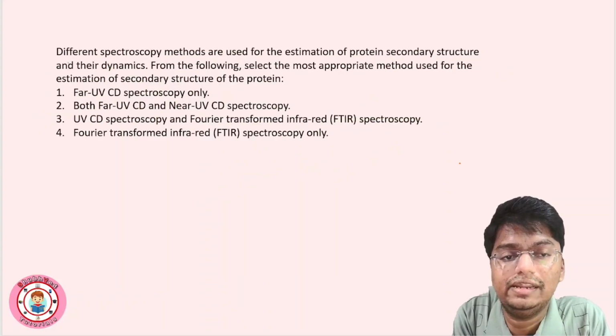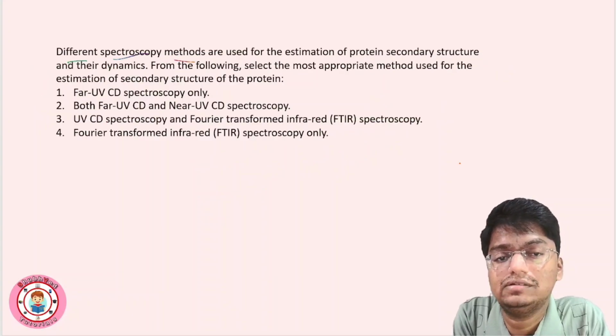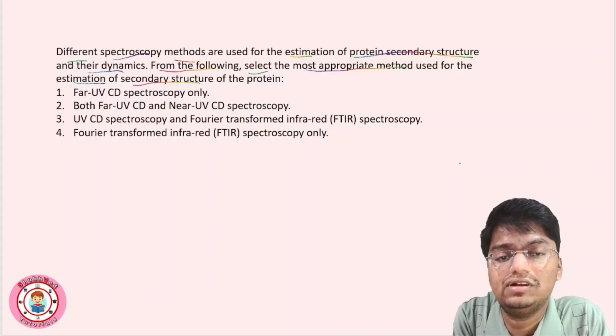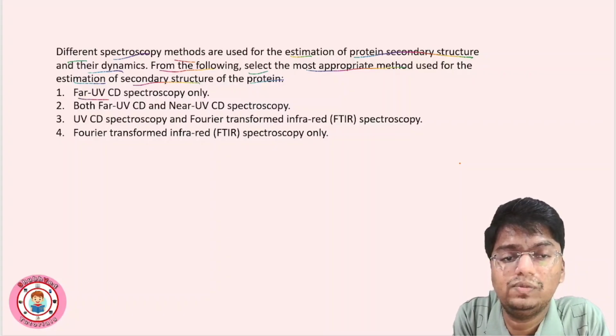Next, different spectroscopy methods are used for estimation of protein secondary structure, okay, and the dynamics. From the following, select the most appropriate method used for estimation of secondary structure of the protein. Okay, just remember this. Secondary structure determination के लिए 3D spectroscopy important है, but this is present in all the options. Okay, you will see here far UV CD.